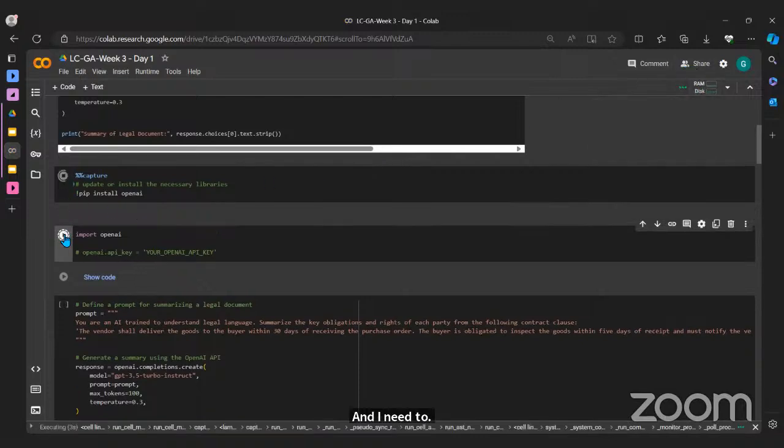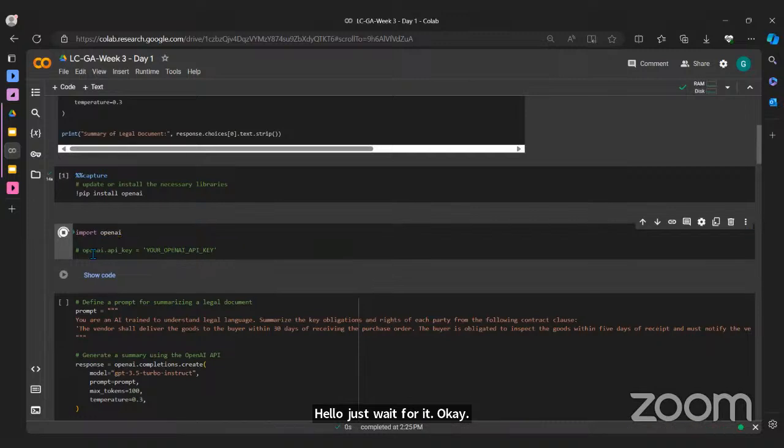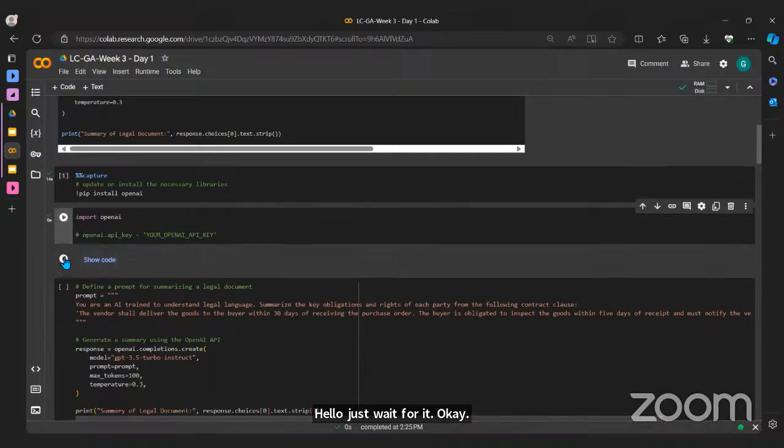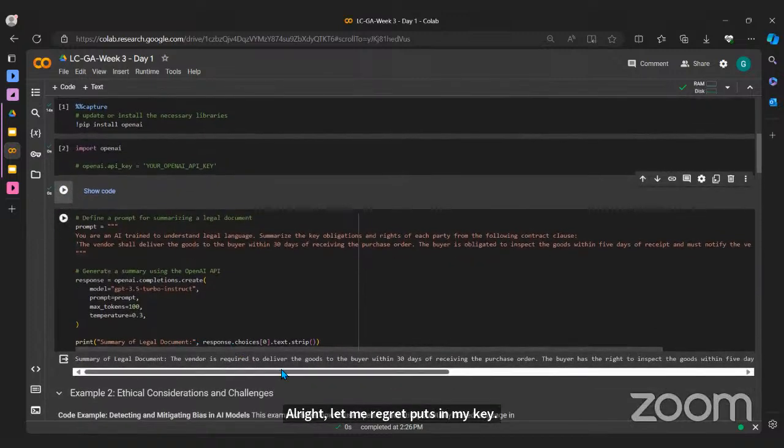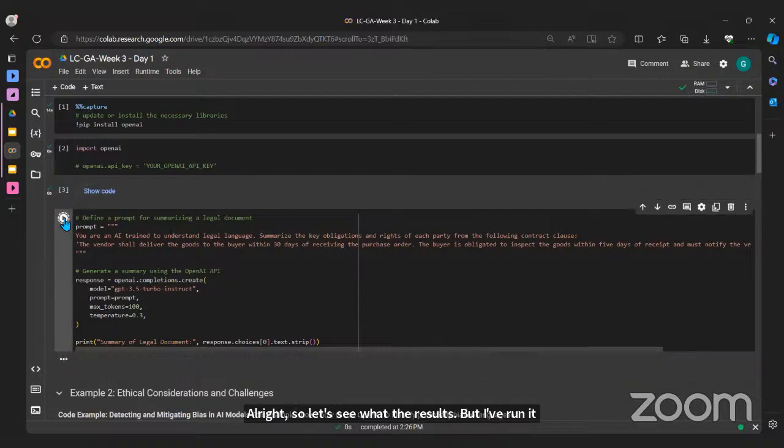It's running. All right, this is where I put in my key. All right, so let's see what the results are. Though I've run it before, let's see what the results will give to us.